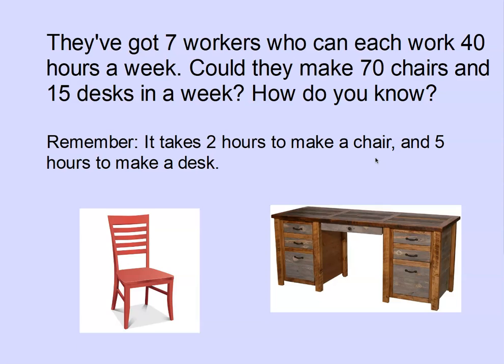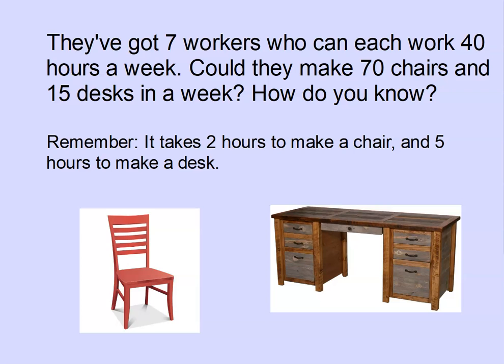And then is that over the total amount of time? Well, what is the total amount of time anyway? 7 workers at 40 hours a week, 7 times 40 would be 280 hours a week available to make chairs and desks.